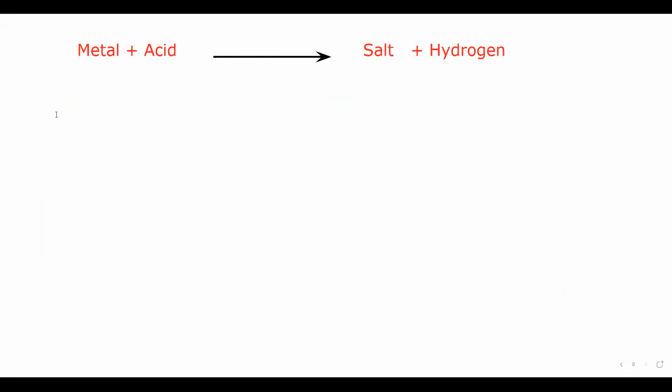So if I say magnesium plus hydrochloric acid, magnesium is a metal and hydrochloric acid is the acid here. What will be the product?